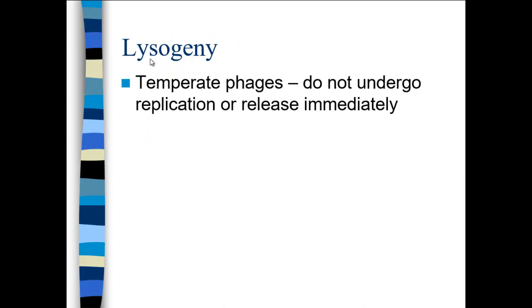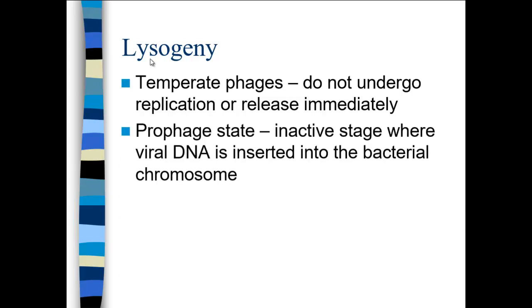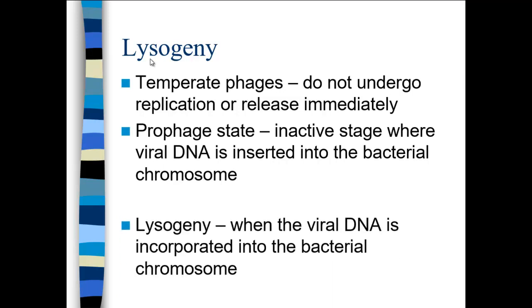Now, when we get lysogenic bacteria, these are more temperate phages. Temperate usually means that they're a little more well-mannered, I guess, for lack of a better term. But a temperate phage is one that doesn't aggressively replicate in the host cell. It replicates at a slower rate, and they will form a prophage where the viral DNA is inserted into bacterial chromosome.